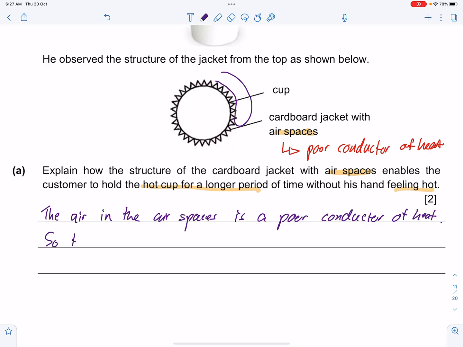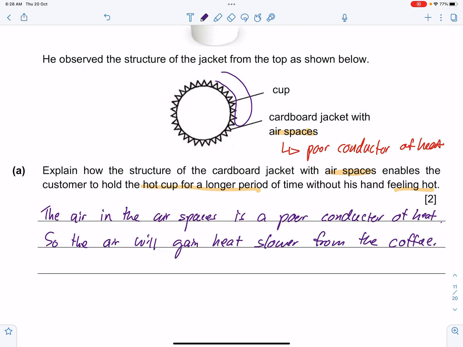So the air will gain heat slower from the coffee. Right? That's the first point.